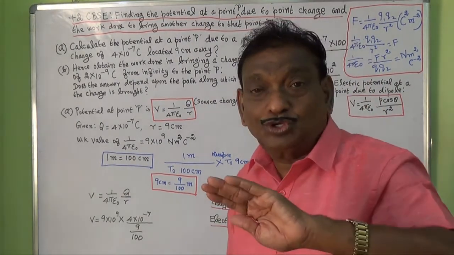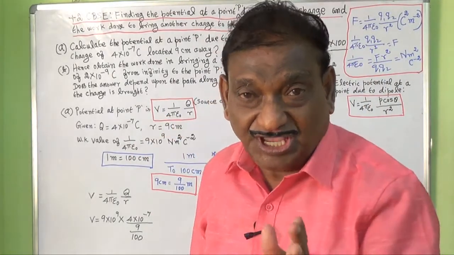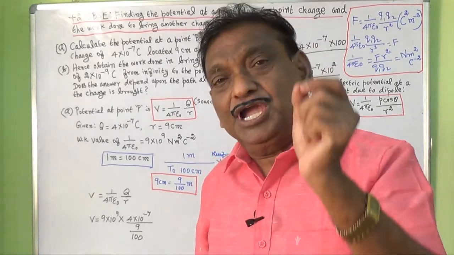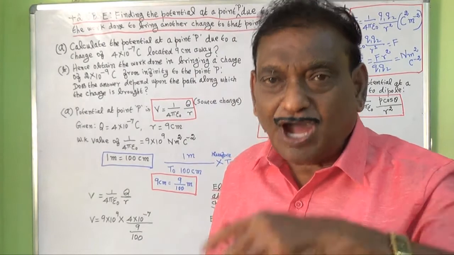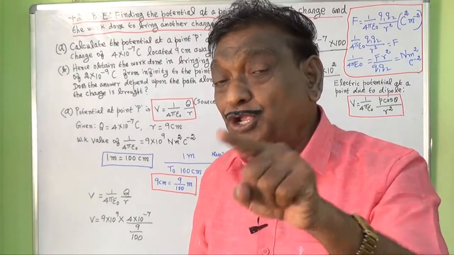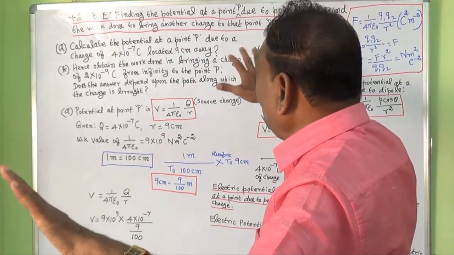Because we should not confuse, that is, we should not interchange the formula for the electric potential at a point due to the point charge and the formula for the electric potential at a point due to dipole. In this case, the dipole is not provided.